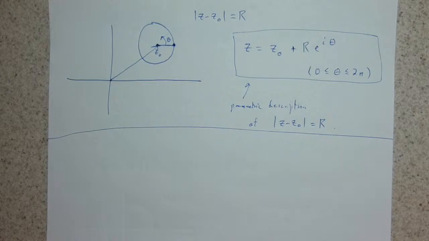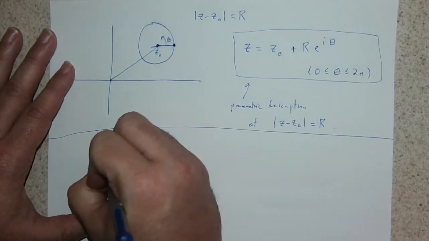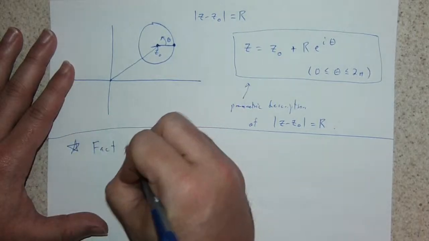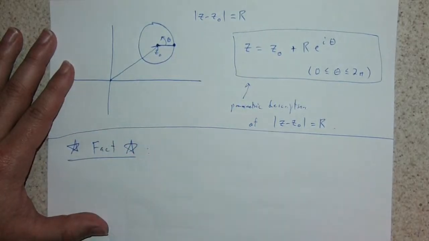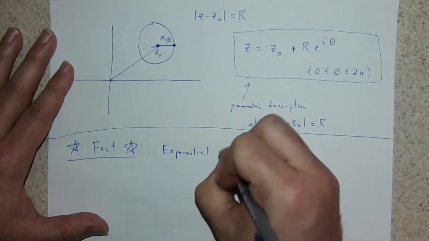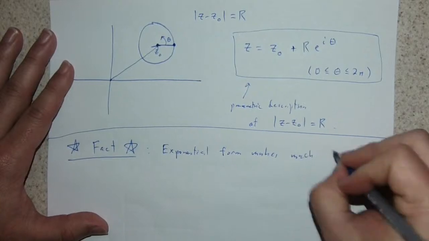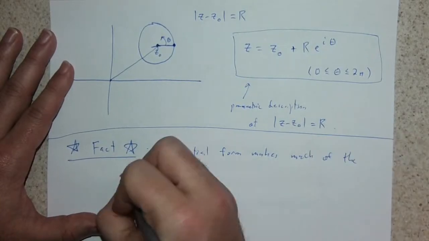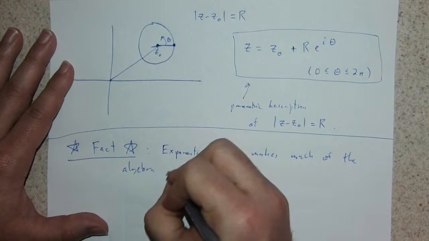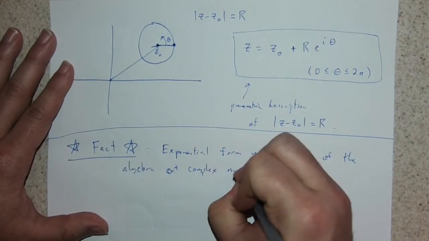And so we come to the actual main motivation for talking about exponential form, which is, and maybe I'll put stars here because this is very important: exponential form makes much of the algebra of complex numbers significantly easier.